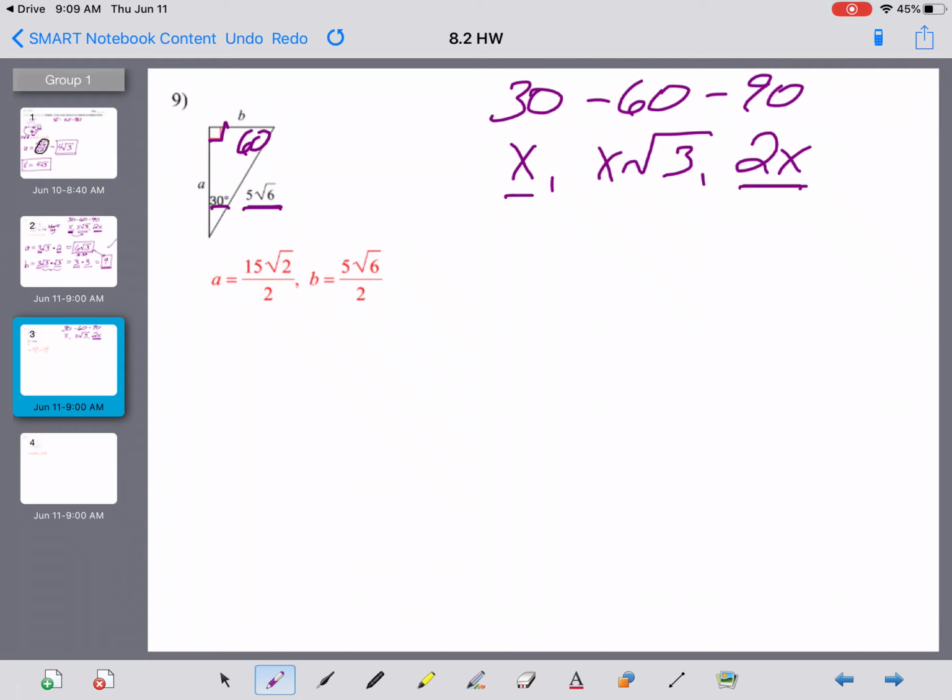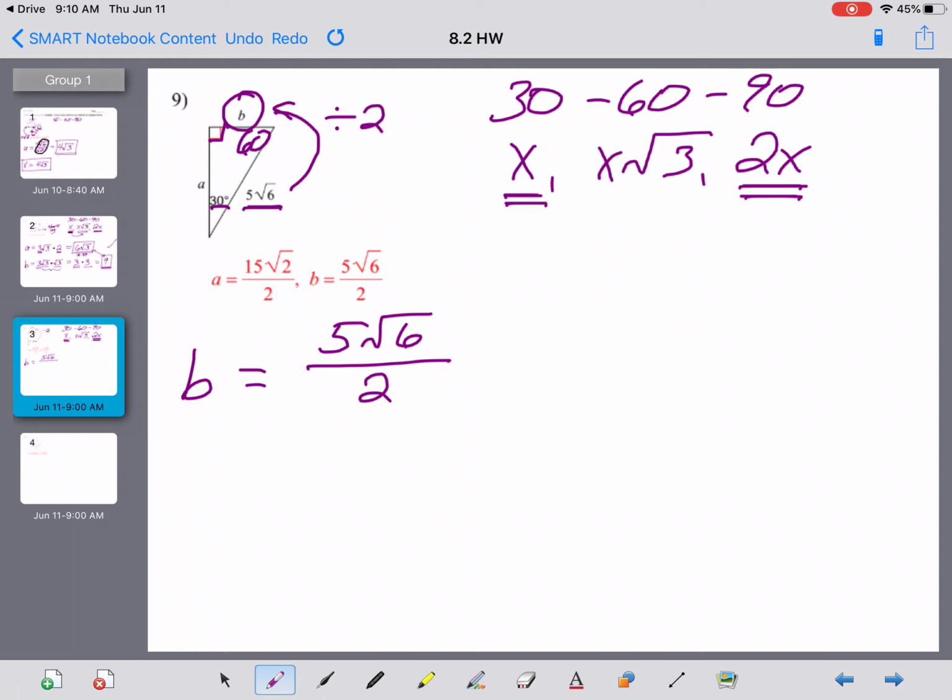The key then is to come up with the length of the short leg next, and our short leg here is B. So to go from short leg to hypotenuse, we would multiply by 2. To go backwards then from the hypotenuse to the short leg, we're going to divide by 2. So B is the length of your hypotenuse, which is 5 root 6, and that all gets divided by 2.